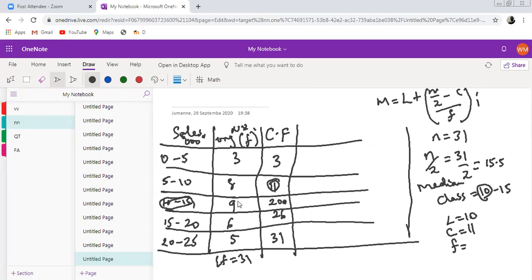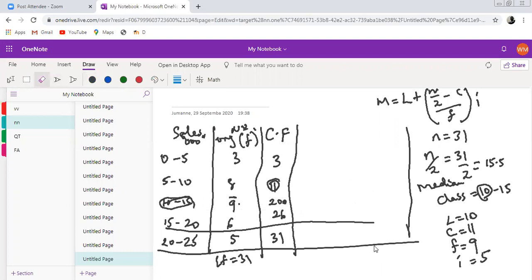And then our I is the class interval. You just subtract the lower limit from the higher limit, which is actually 5. And you have all the values that you need. After having noted that, now we can calculate that median.